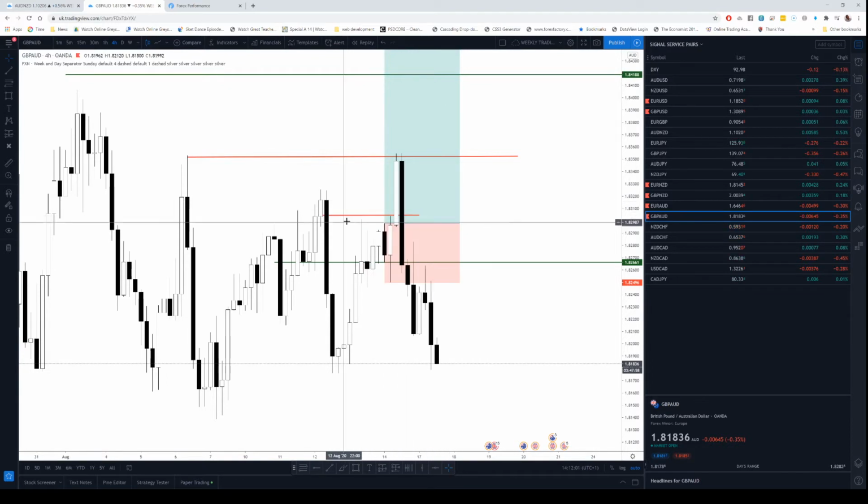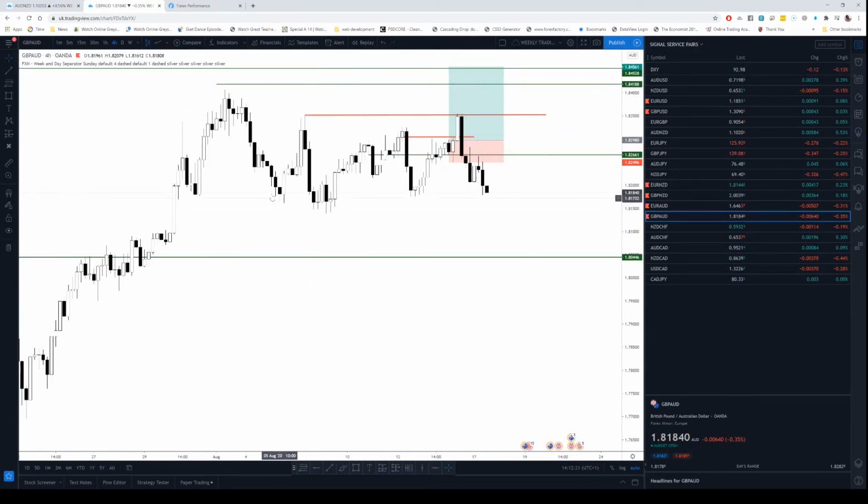During the morning session last week, I said once this candle closes, we should see a long to take out that high and then possibly that high. And then we went and took out this high and rejected.